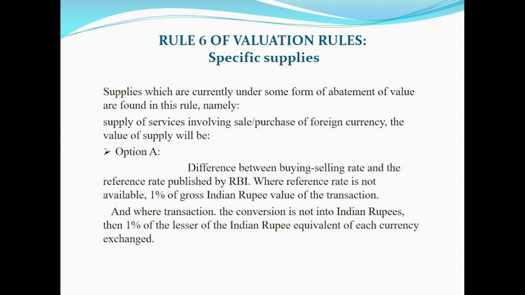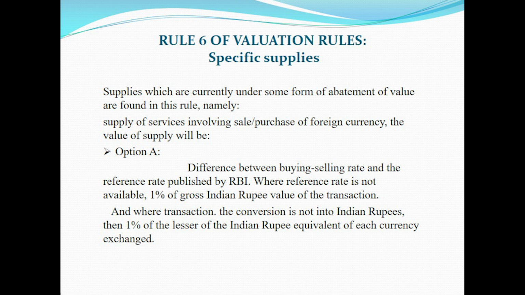So, in this particular case, the calculation of the taxable value of supply in case of specific supplies will be option A. Either you take the difference between the buying and the selling rate which has been published by the RBI, or in case the reference rate is not available, then 1% of the gross Indian rupee value of the transaction is taken into consideration.